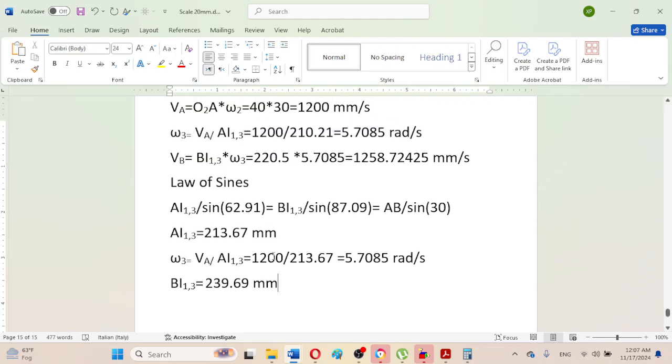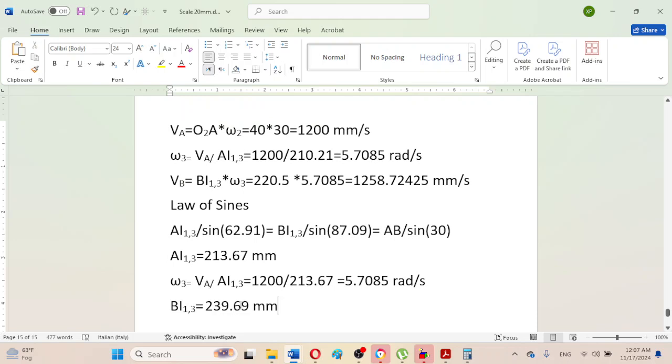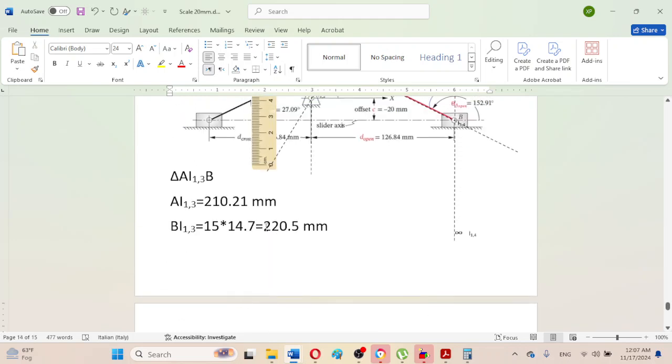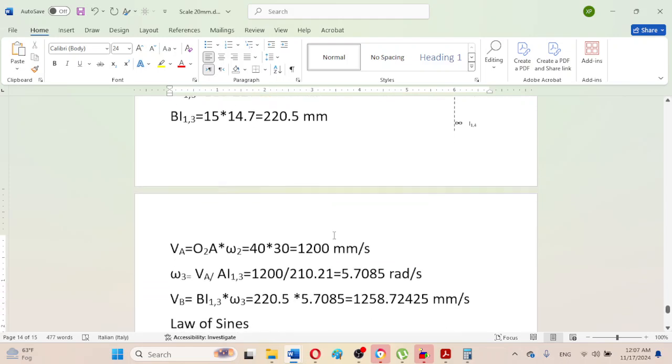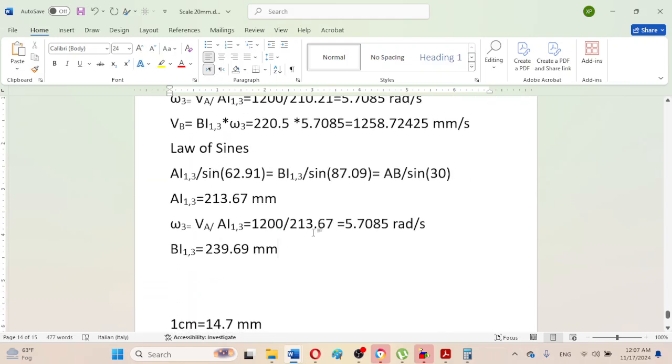So BI3 analytical value is 239.69 and our graphical value was 220.5 millimeter. So that is very nearly equal.